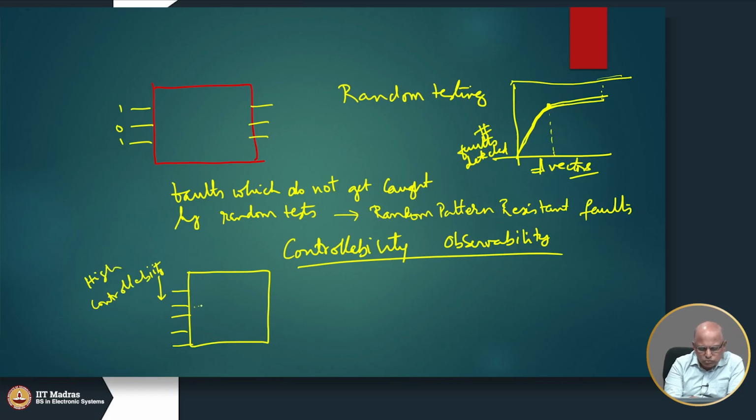As you move through the gates, if I give you an internal point and say control it to some value, its controllability will be low, because I had to somehow set these primary inputs in order to get that value. On the other hand, the outputs are fully observable, you can see what they have.